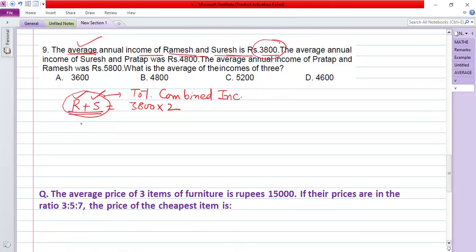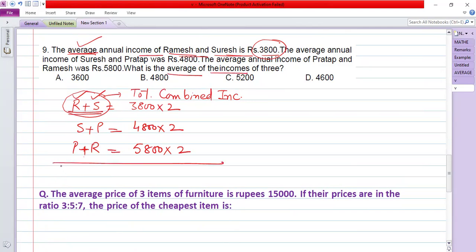And for Suresh and Pratap, the total combined income will be 4,800 into 2. And for Pratap and Ramesh, the total combined income will be 5,800 into 2. And we need the average income of all three. So what we do, we add all these, so we get twice R plus S plus P. Why?